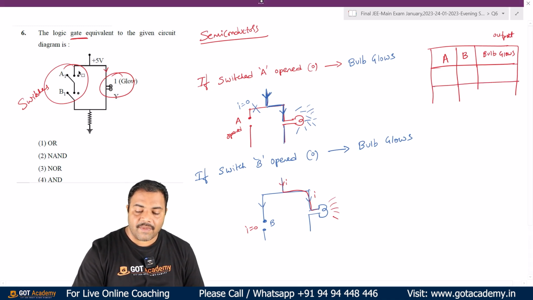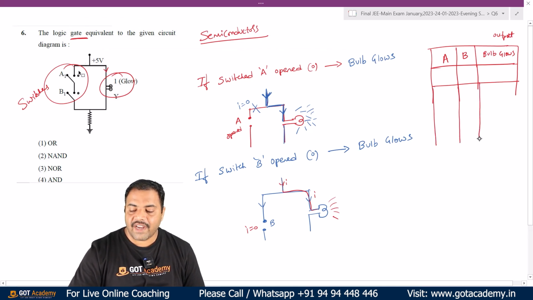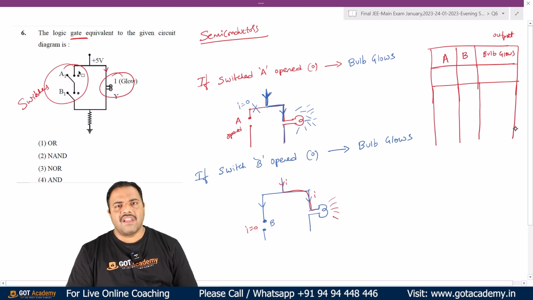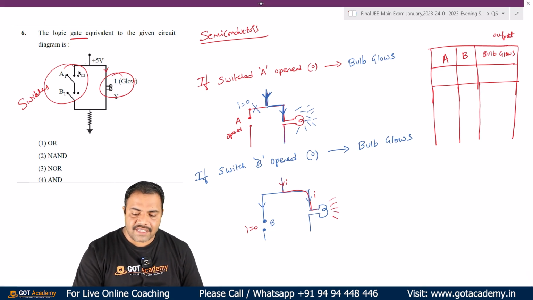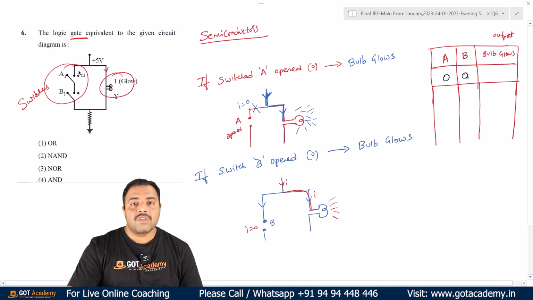In the first case, both switches are opened. Opened in the sense we have to take it as 0 or 1. Open in the sense no use, so take it as 0, because open means no current, right? So 0, 0.